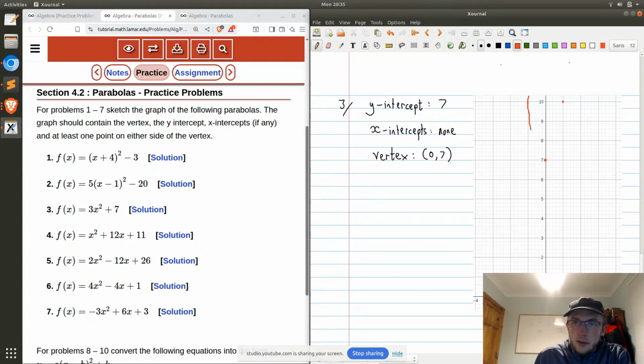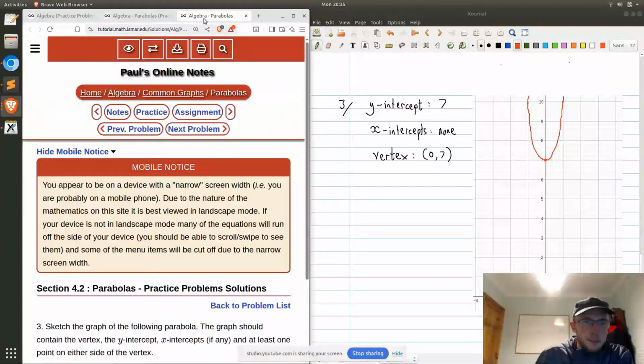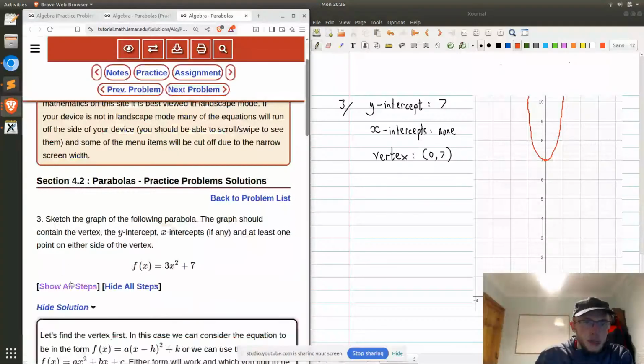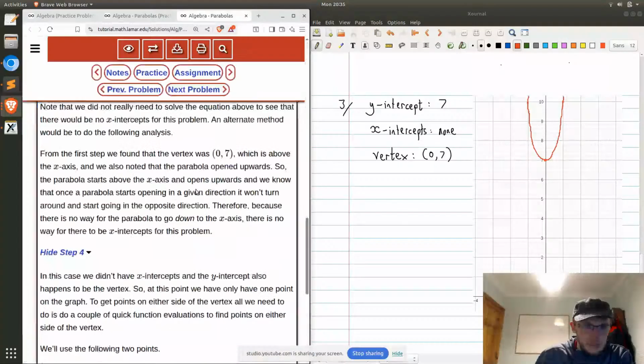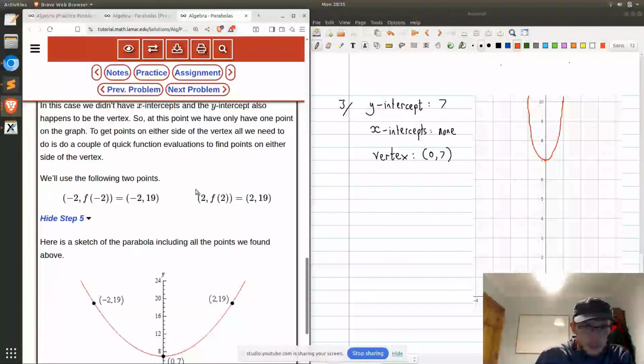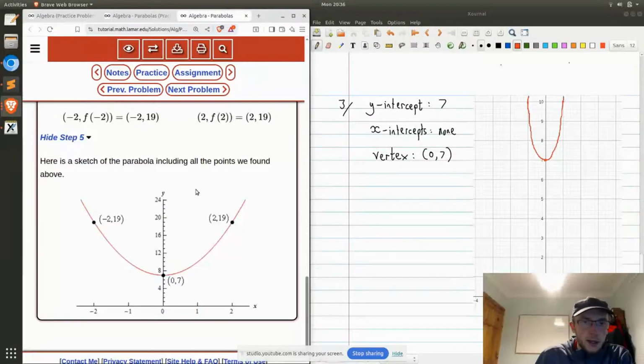All right, so trying hard now to make it symmetrical. Sort of. That's reasonably okay. Let's check. Okay, that's good.